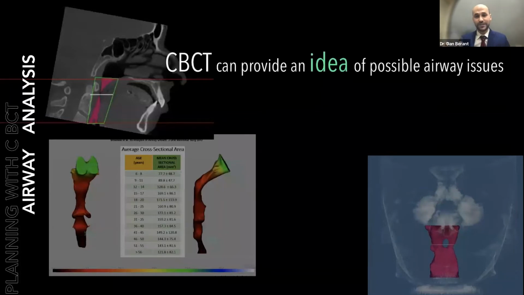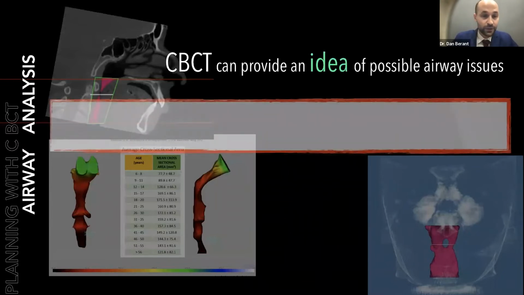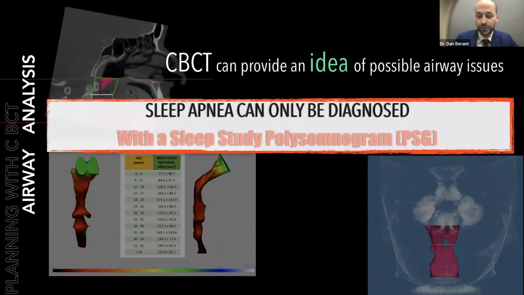And so this is a very hot topic right now. Are we able to utilize CBCT in diagnosing sleep apnea and airway issues? And so the big thing is that, yes, it gives us information and it's very valuable. But in order for us to diagnose sleep apnea, we do have to rely on our medical colleagues and refer the patient to a sleep study polysomnogram in order to confirm sleep apnea.